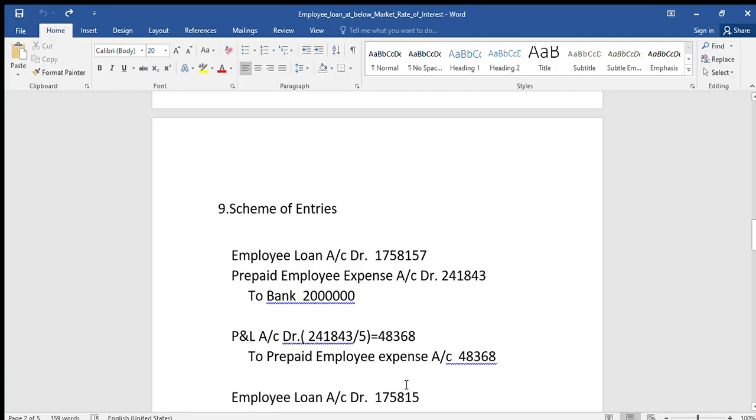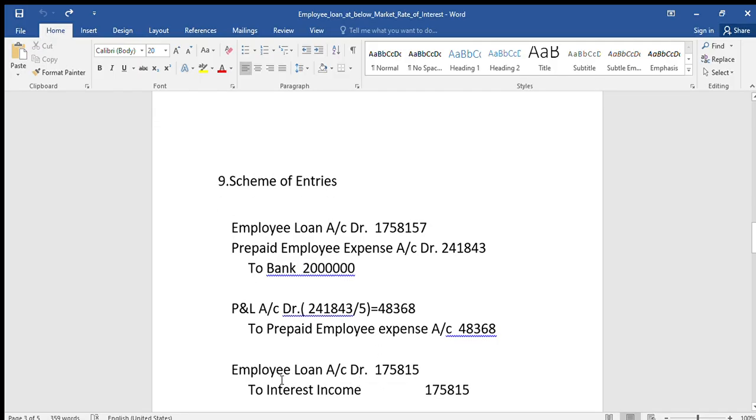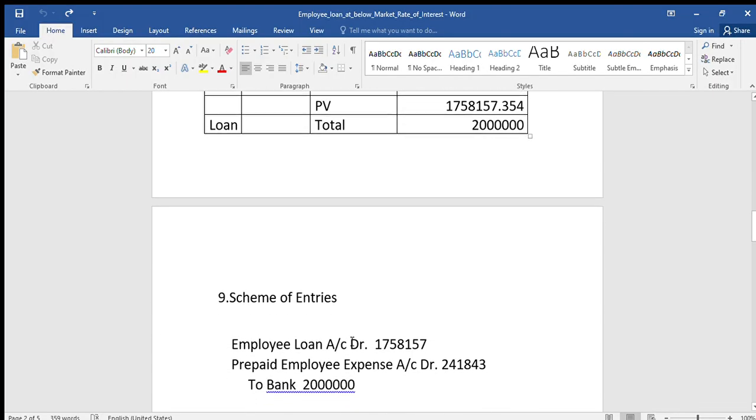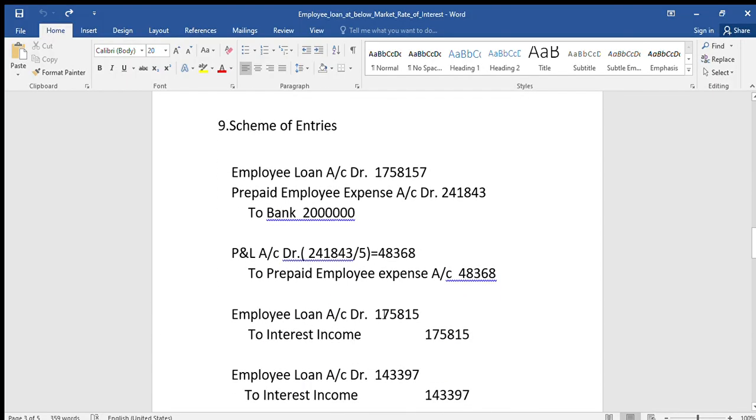Now the credit to the P&L would be: employee loan account debit, and credit to interest income with 10% of the interest income. So 175,815 would be the amount to be credited at the end of the first year.